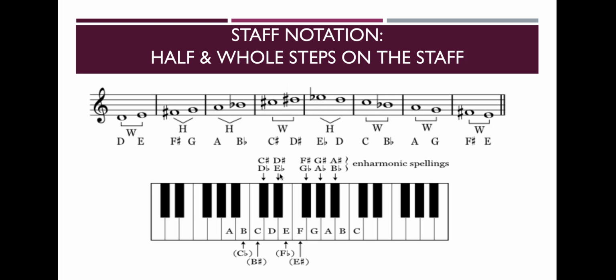C sharp to D sharp is a whole step. And also, note pairs where only one has an accidental will generally indicate a half step, such as here or here, although not always. So you want to make sure that you can actually accurately count half steps and whole steps with and without the aid of the piano keyboard.